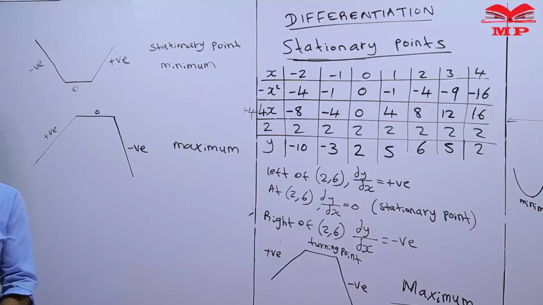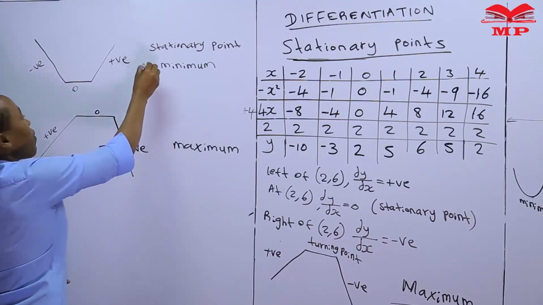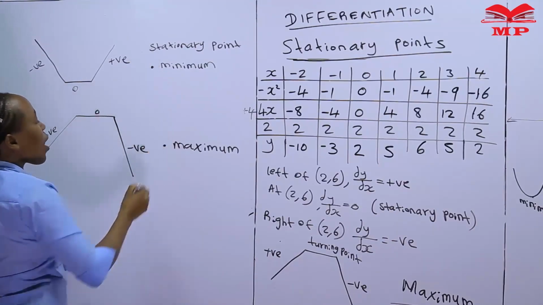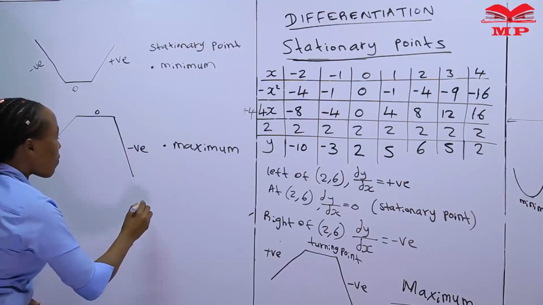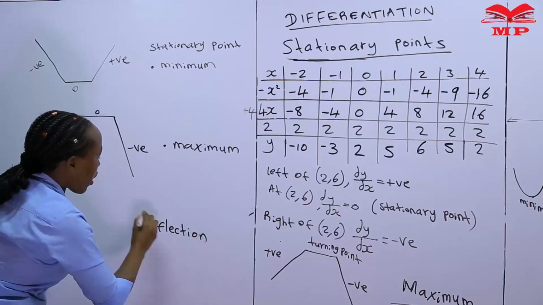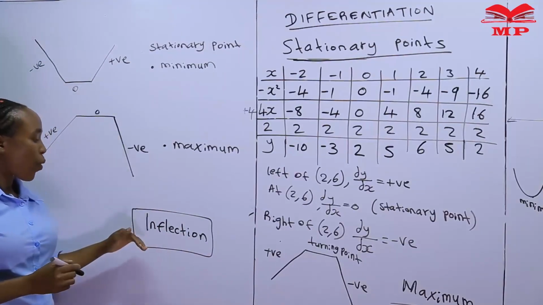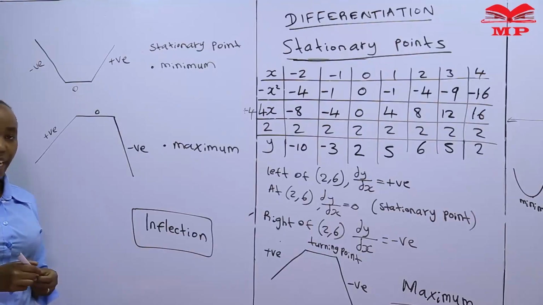So I would like you to determine the following. We are going to continue because we have still another point. We have a point of minimum, we also have maximum, and we also have another point that we call inflection, which in our next lesson we'll learn what we mean by a stationary point being a point of inflection.